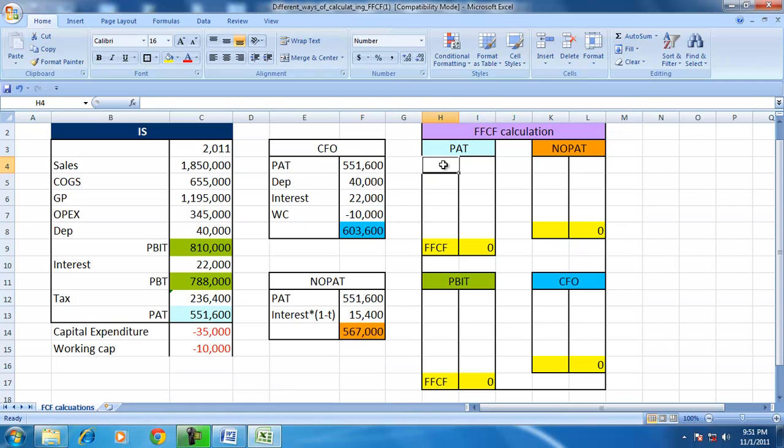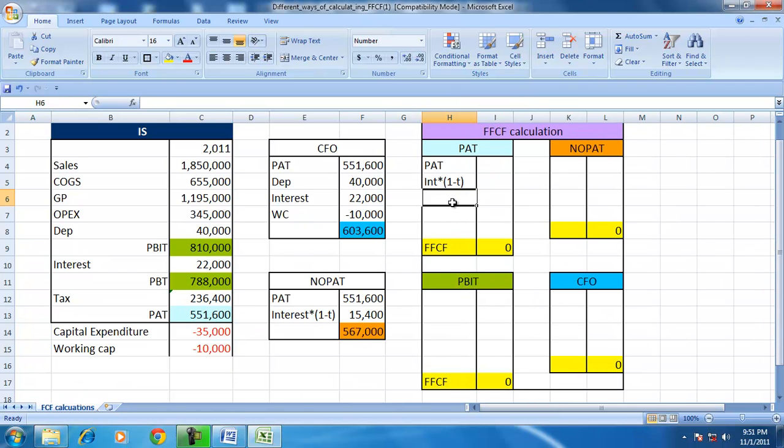So let us start with the PAT. It is PAT, add back interest into 1 minus T, so the tax benefits of interest are adjusted, then depreciation, then capex, then the working capital changes.